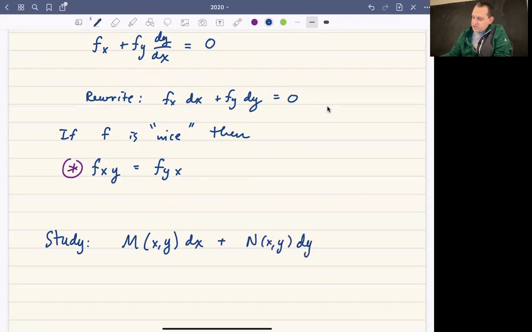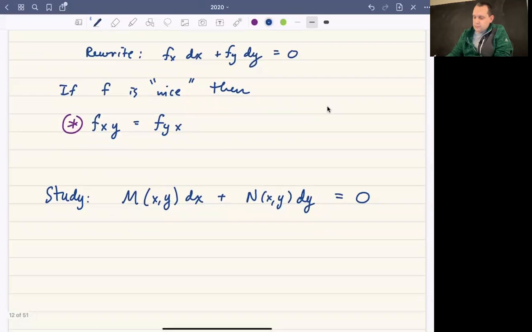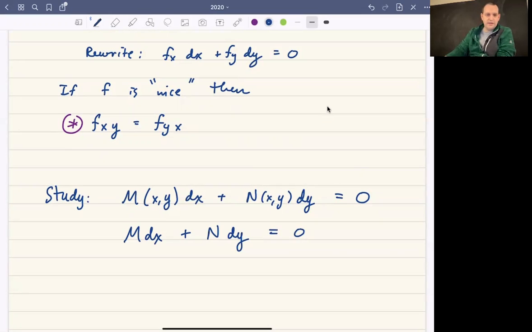So we're going to have functions of x and y for m and n. But just for convenience, I'm going to write it like this, keeping in mind that m and n are functions of x and y, but not writing it down.